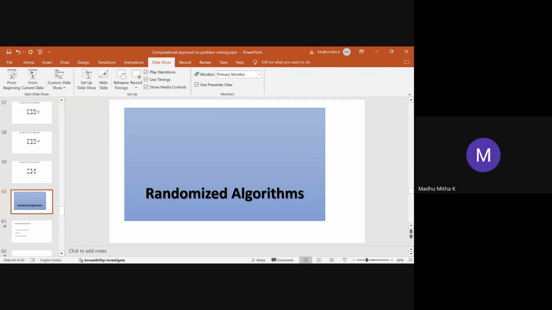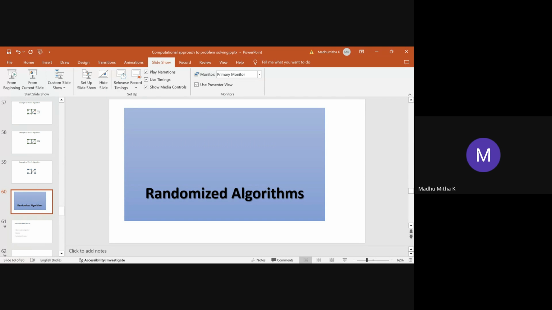So let's continue with this randomized algorithm. As we went through these two algorithms, where and all you have to apply, similarly we are applying in the same way, whether you have to improve the efficiency or make some desired outcome with some computations.